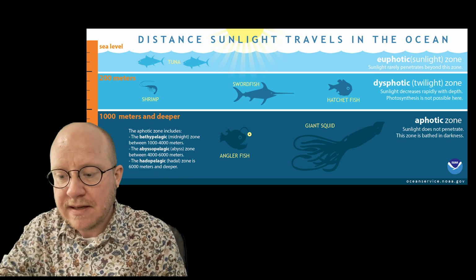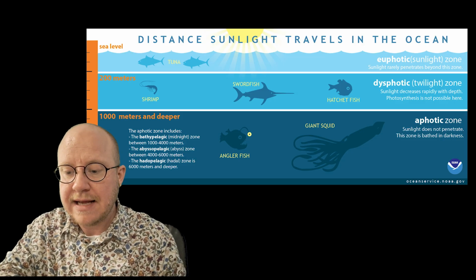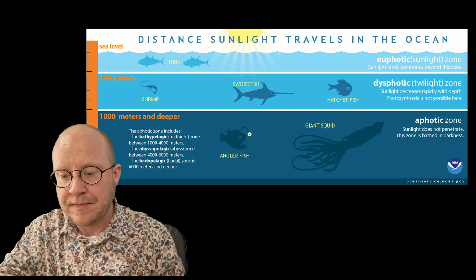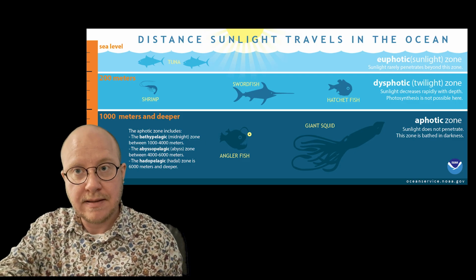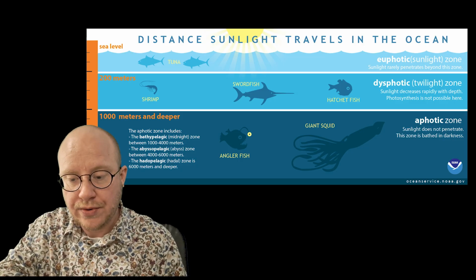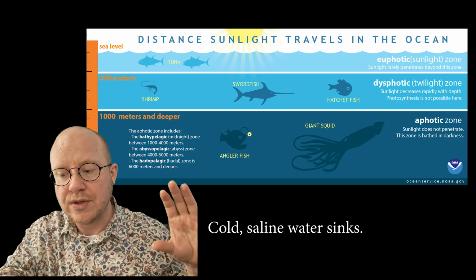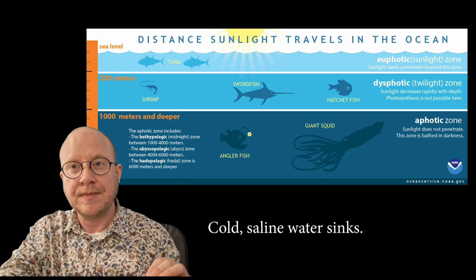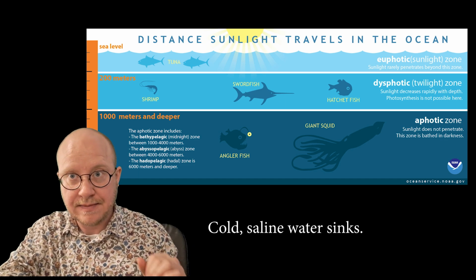The absorption of sunlight causes surface water to be much warmer and less dense than water in the deep ocean. Warm water is more buoyant, floaty, than cold, which causes the upper sunlit layer to float on the denser, deeper ocean water. Okay, so cold saline water sinks.